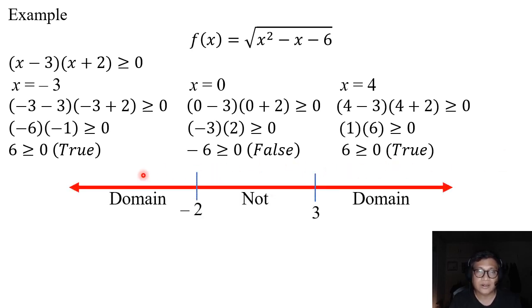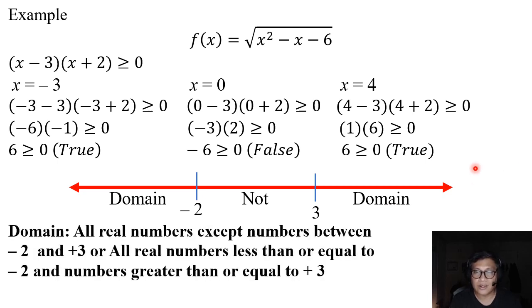Any value less than -2 is true, so it is part of the domain. Any number between -2 and +3 is false, so it will not be part of the domain, while any number greater than 3 will be part of the domain.